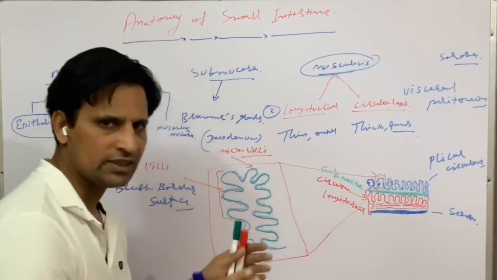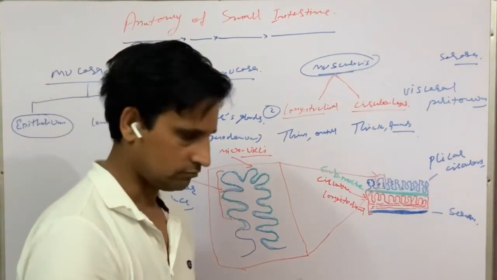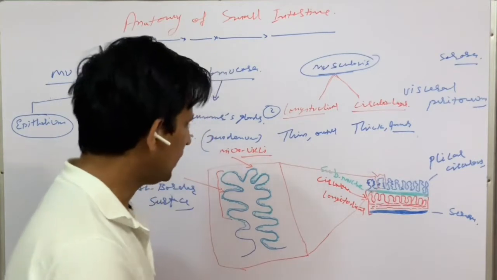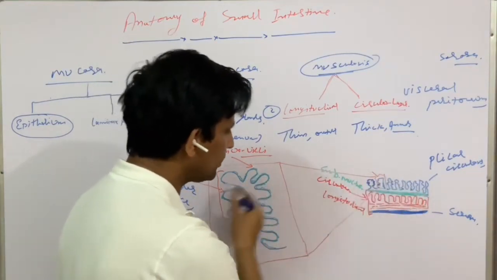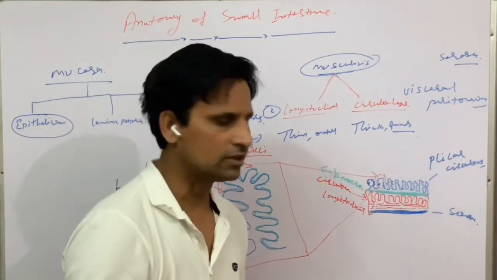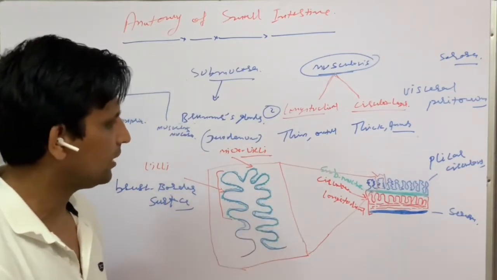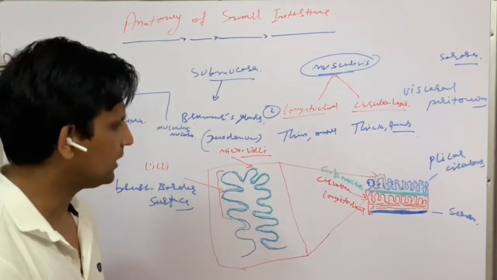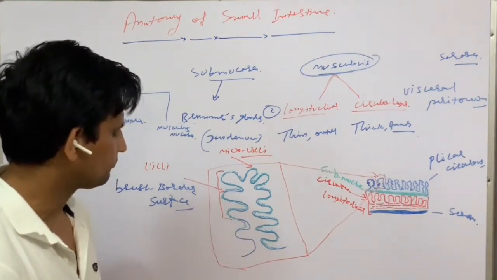We are talking about the surface area. The surface area of the small intestine is increased by these folds, and imagine how much they can increase it. They will increase it by 600 times, right? So this gives a vast surface area for activities like digestion and absorption, right?